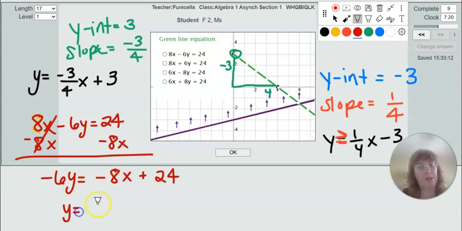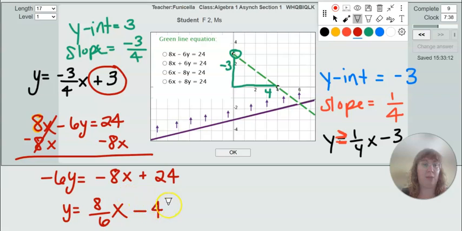So we get y equals 8/6 x minus 4. 24 divided by -6. So that's definitely not right, because we want a 3 for the y-intercept. So this is not going to work.